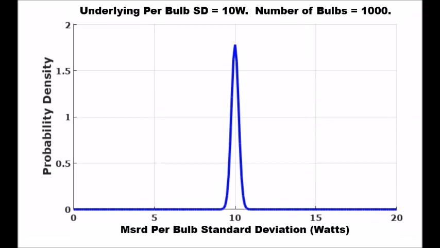So, as the number of bulbs goes to infinity, we are more and more justified in using our measured per bulb standard deviation, which will be close to 10 watts, as the true underlying standard deviation. Obviously, our measured mean will also be close to 60 watts. So, with a huge number of bulbs, our distribution would look like this.